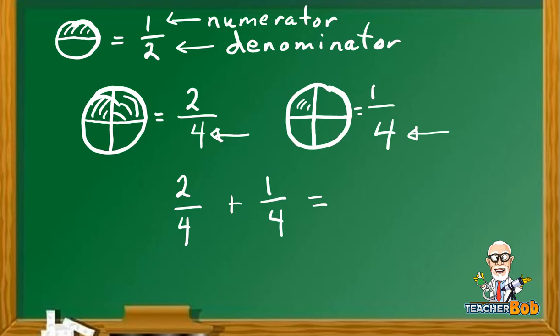That's just what part of each whole we're interested in. Okay, so 2 plus 1 on the top is equal to 3, and the bottoms stay the same because we have 2/4 and 1/4. The number of pieces that each whole has been divided into doesn't change. Each piece is a part out of a quarter.